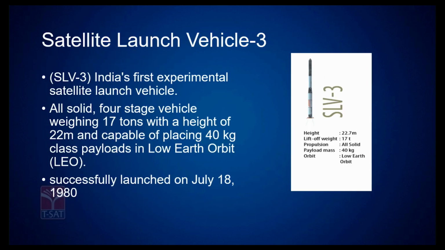The Satellite Launch Vehicle SLV3 is India's first satellite launch vehicle. The fuel we use here is solid fuel. It has 4 stages, weighs 17 tons, is 22 meters tall, and is capable of placing 40 kg class payloads in low Earth orbit. It was successfully launched on July 18th, 1980.